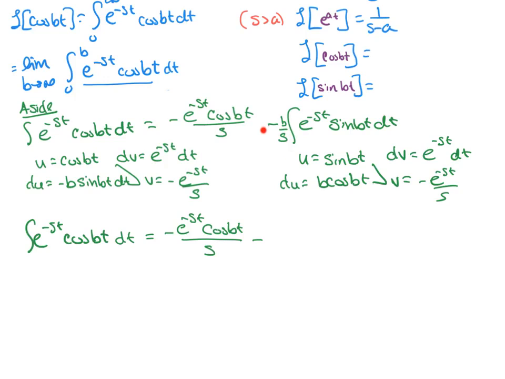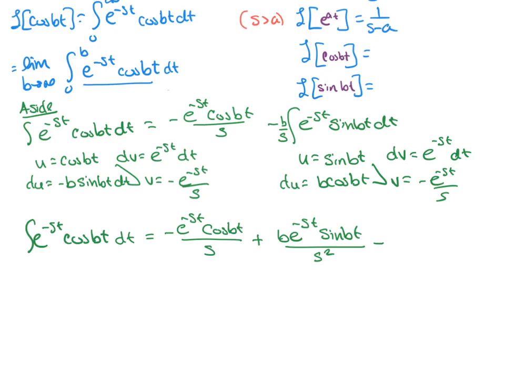So negative times negative will be positive b e to the negative st sine of bt, but over s and the extra s, so over s squared. Again, we have minus the next integral: the minus from the formula, the minus from distributing the negative b over s through, and a third minus from the v, so we'll have three negatives, make that a negative integral.